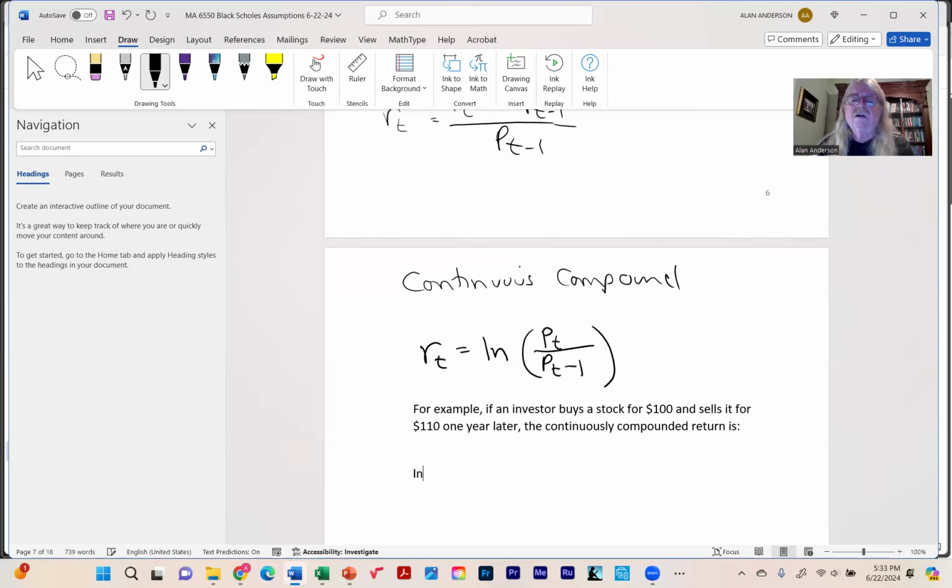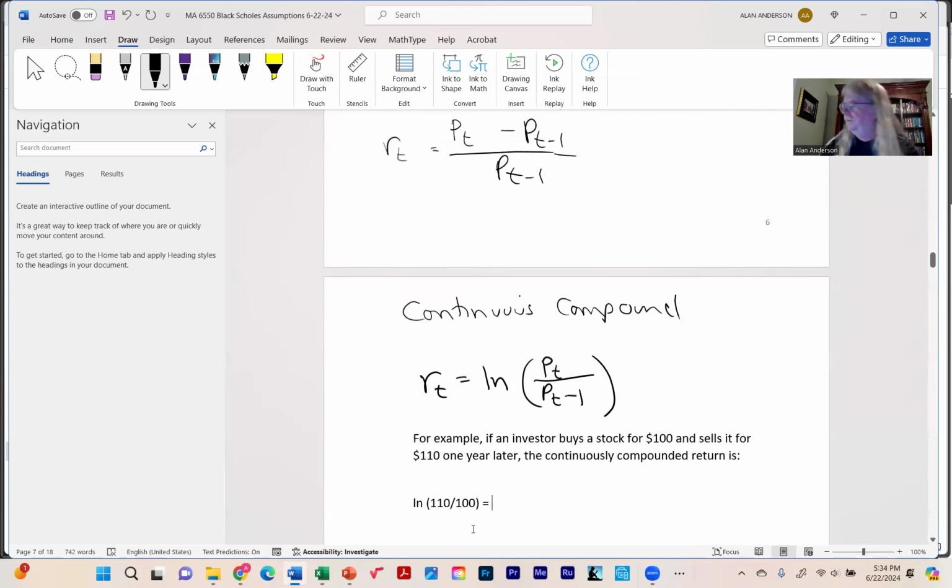So it's just the natural log of 110 over 100. And let me get out my calculator. Now it's going to give you a number that you might not be expecting. You would think it would be 10%, but actually it is not.